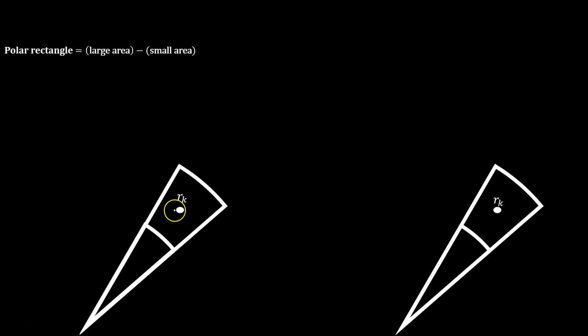Now, because we want the polar rectangle for partitions, we're going to describe all of our areas right now using the same reference point, this r sub k, which is the center of the polar rectangle. So let's assume that r sub k is perfectly centered from left to right and from top to bottom of our polar rectangle. Then we're going to describe the large sector using theta, so our theta spans.